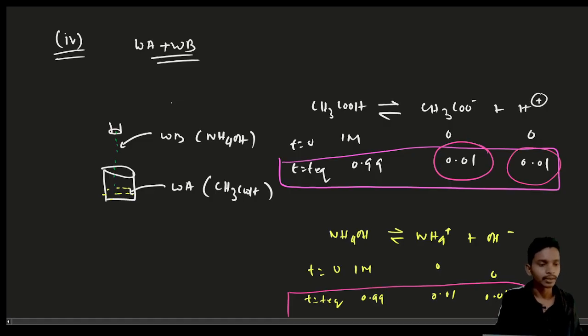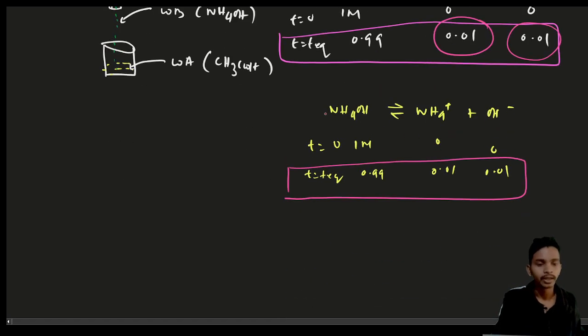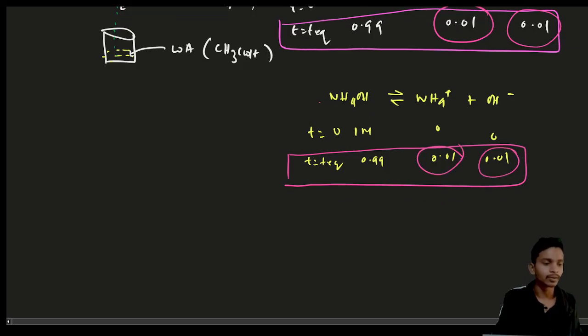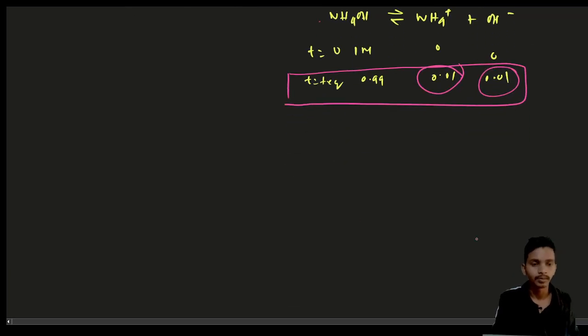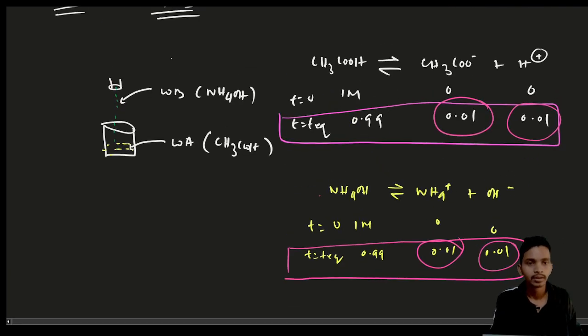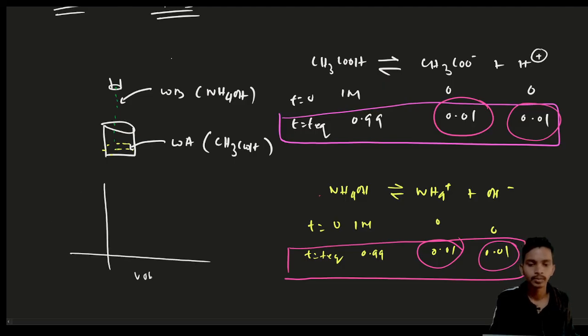So now in the solution we have this amount of CH3COOH and this amount of H+, and we are adding NH4OH drop by drop, meaning we are adding this amount of NH4+ and this amount of OH-. If we draw the graph, this is the volume of NH4OH, and this is conductance.